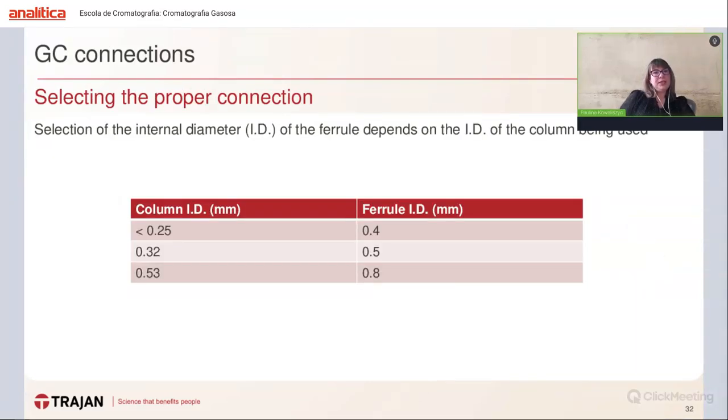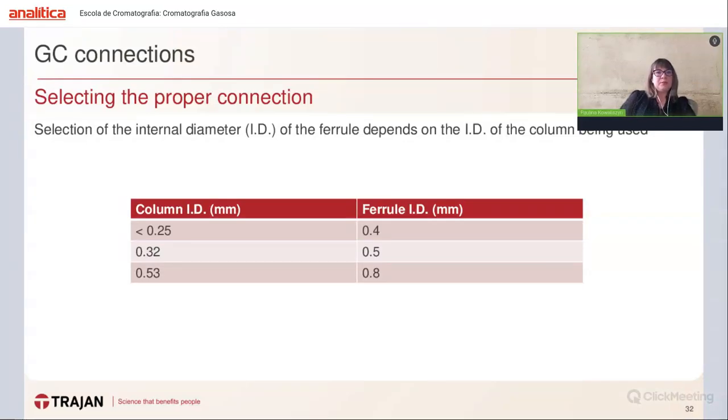So here is the table with the general guidance on what ferrule ID, so internal diameter, is required for different internal diameters of the columns.